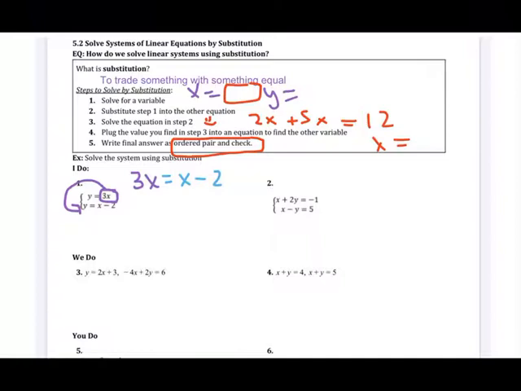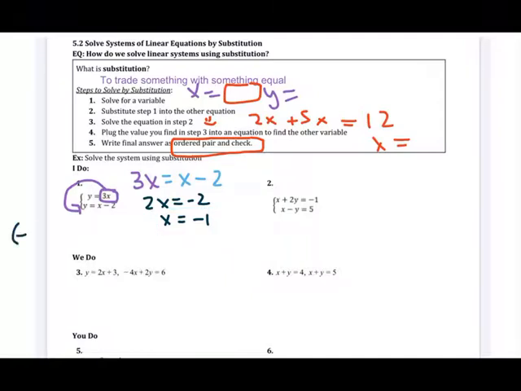So I'm going to subtract x on both sides. That's going to give me 2x equals negative 2. Divide both sides by 2, so x is going to be equal to negative 1. Now, when I was in school, I used to get really excited. I'd put a box around my answer, I'd move on to the next problem, and then I would be in so much trouble later because I didn't do what this question asked me to do. This question asked me to solve the system.